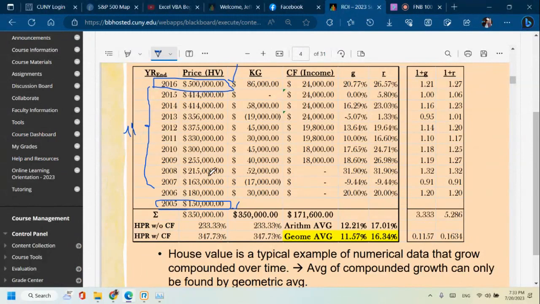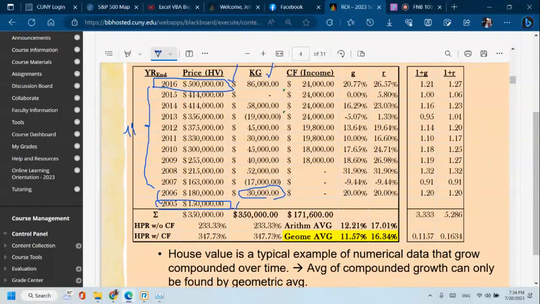Now, this is the data series of how the house value behaved, measured at the end of the year. So you can tell that during this 1 year, between the end of 2005 and the end of 2006, the house value increased by 30K.